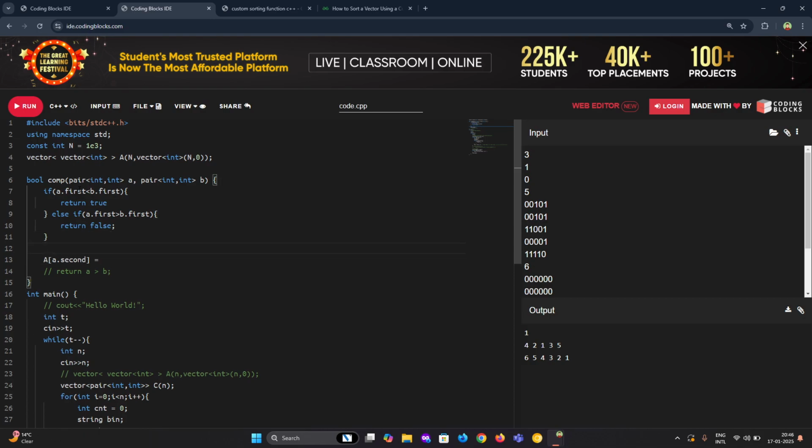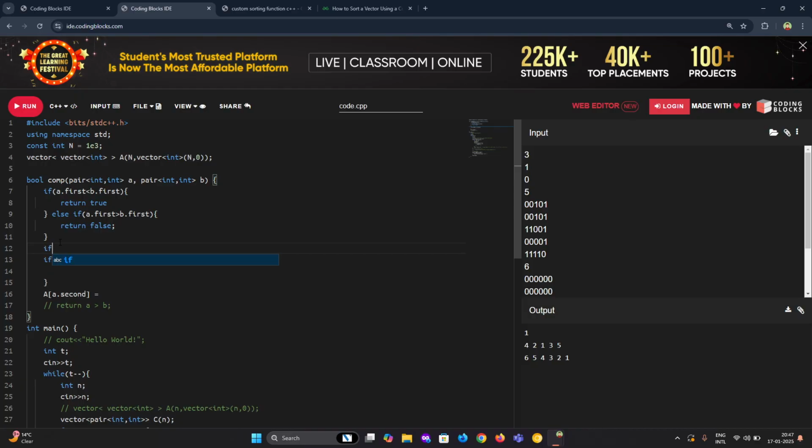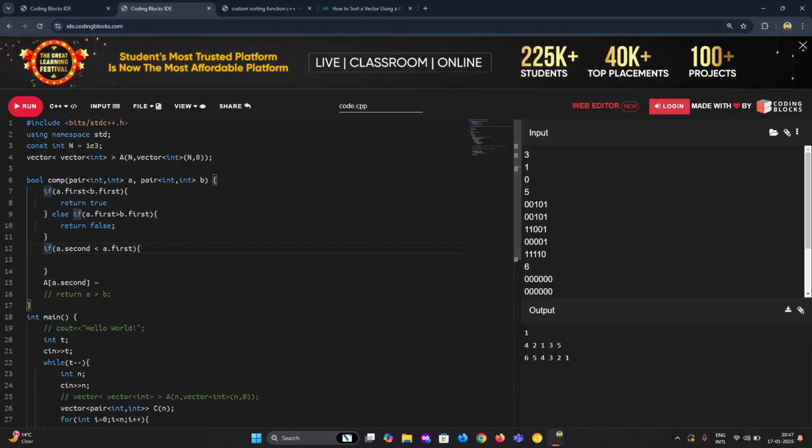The count is same, and if they have an edge between them, which means a of a dot second will be 1, and then if a of second first.